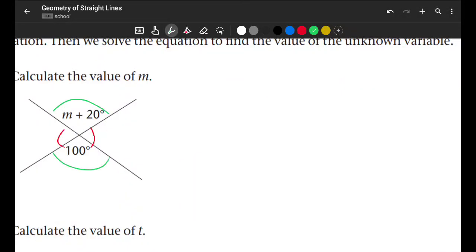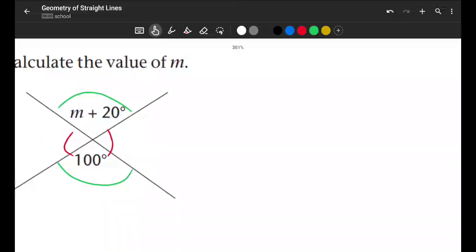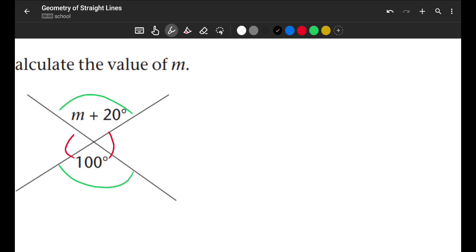Knowing that, we are now going to calculate the value of M. We're going to say that M plus 20 degrees, we know that these two are equal, so we're just going to say equals 100 degrees. What is our reasoning? Vertically opposite angles.